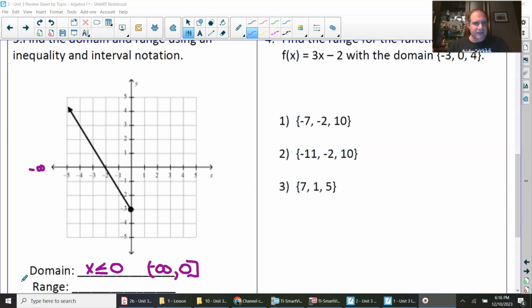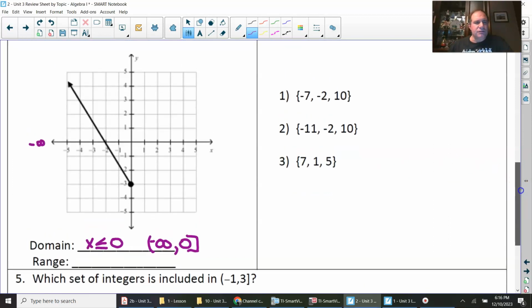We're talking about the x, we're talking about domain. So here is the range. So the range is the lowest and the highest that the graph goes. So again, we're going to put y down for the range. The lowest the graph goes is -3. The highest the graph goes is infinity, and it's positive infinity. All right?